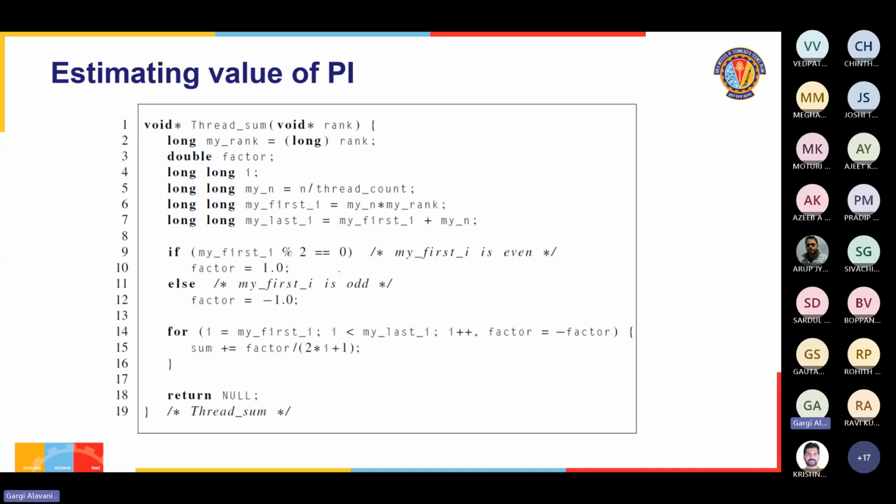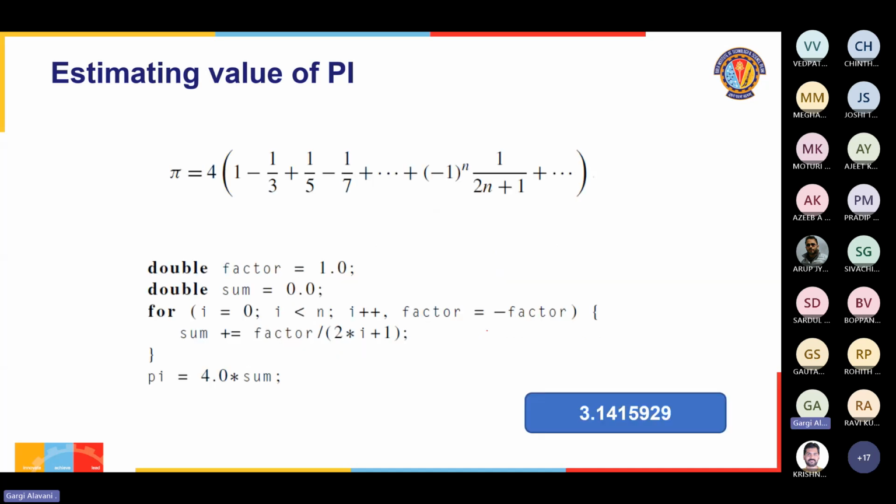Here, as you see, the formula is that every time in the next line, the first one is 1, the next becomes negative, then positive, then negative, then positive, right? This is how we calculate the sum for getting the pi value.